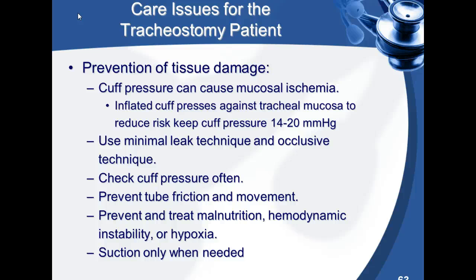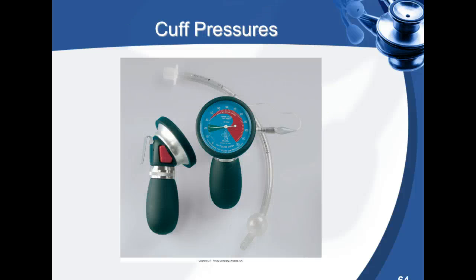Use minimal leak technique and occlusive technique. Check cuff pressure often. Prevent tube friction and prevent and treat malnutrition, hemodynamic instability, or hypoxia. And make sure that you only suction when needed. Don't over suction. Remember how many times we talked about the number of passes.